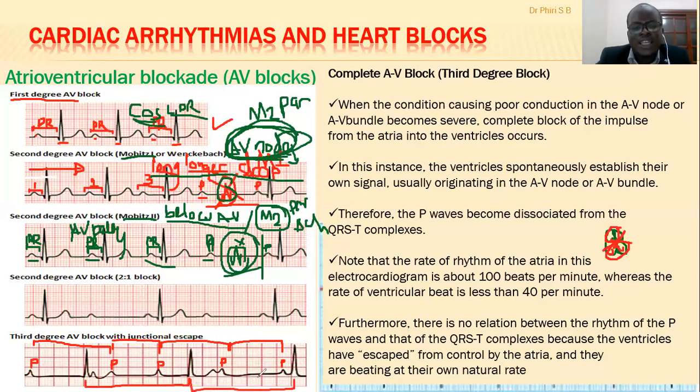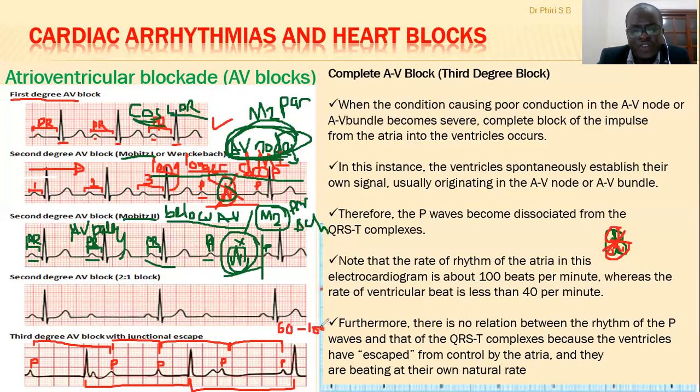So this interval is also consistent from one R to another R. But what you realize is that there is no coordination between the P waves and the QRS complex, meaning that the atria are contracting on their own and the ventricles are also contracting on their own. So the atria are contracting due to the firing of SA node, the pacemaker. So you find that the P wave has the normal range, that is between 60 to 100 P waves per minute.